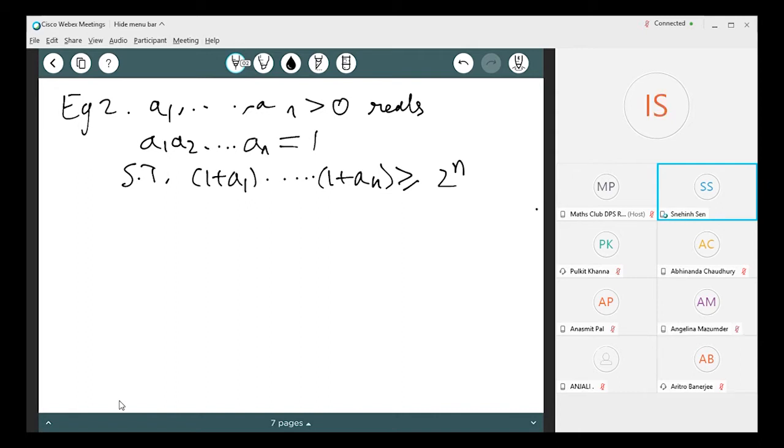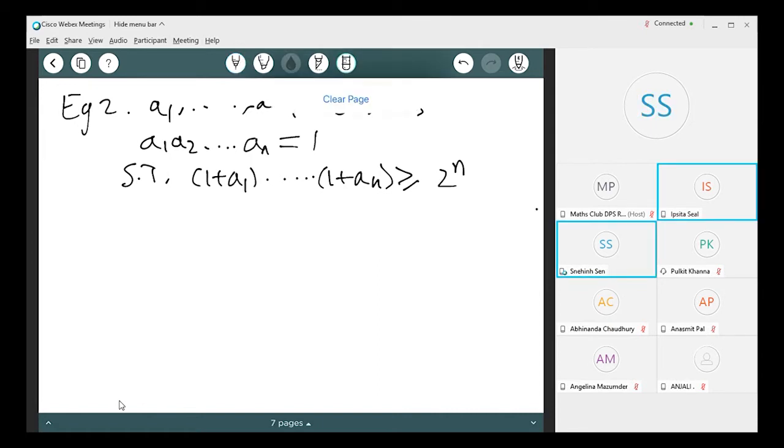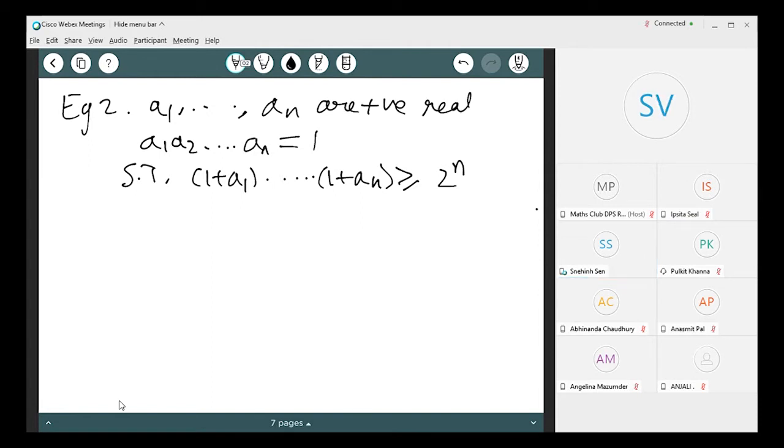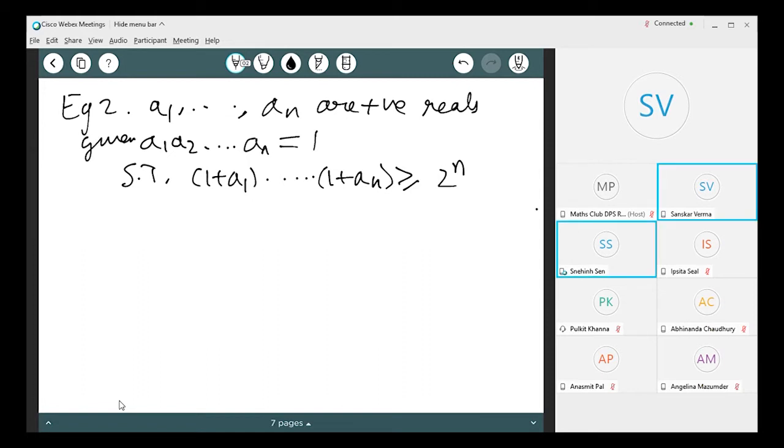What have you written after 0? Sorry, I've written reals. Basically, A1 to An are positive reals. And the second step is given: the product of all of them is equal to 1.